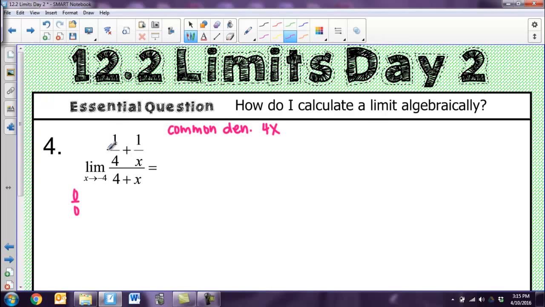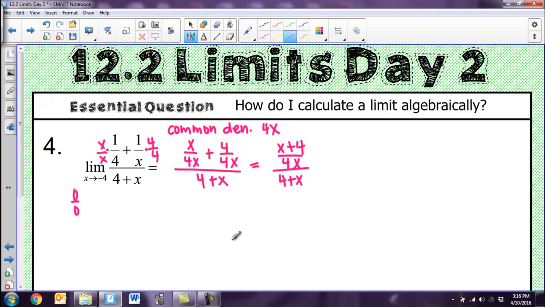So for this first one, I'm missing an x, and for the second thing, I'm missing a 4. So I would have x over 4x plus 4 over 4x all over 4 plus x. And now that I have a common denominator, I'm able to just add up straight across.